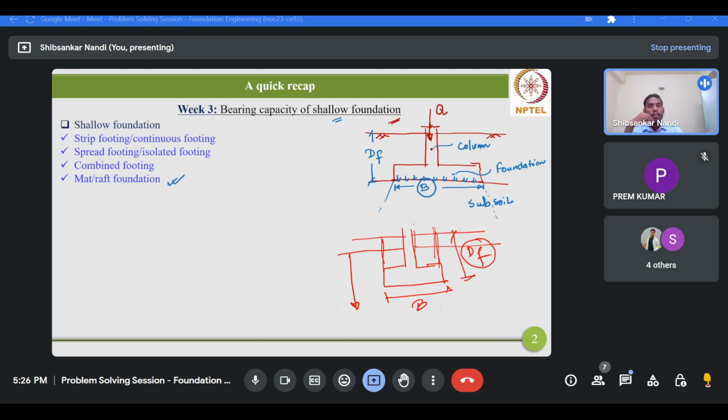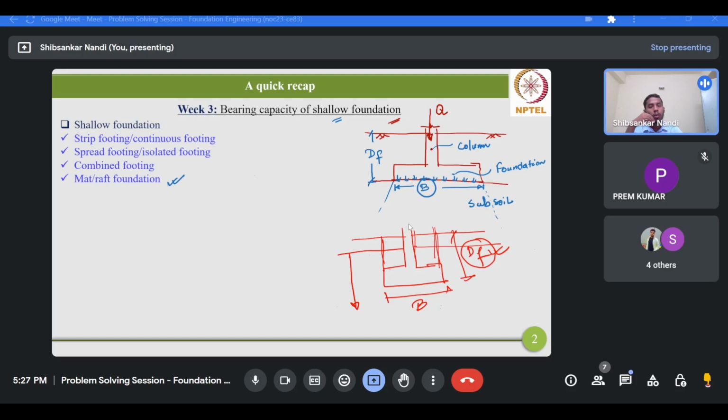It may arise that you do not have adequate strength at a shallower depth to sustain the load coming from the superstructure, because this load is predefined. This load you cannot change or edit. The load is given to you. So depending on that, you have to accordingly design the footing.